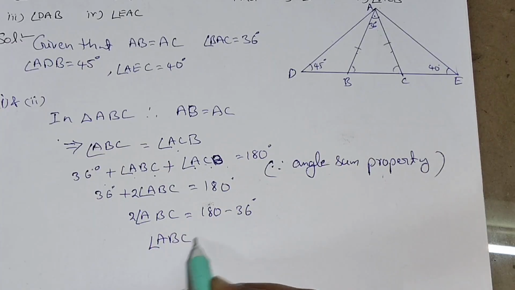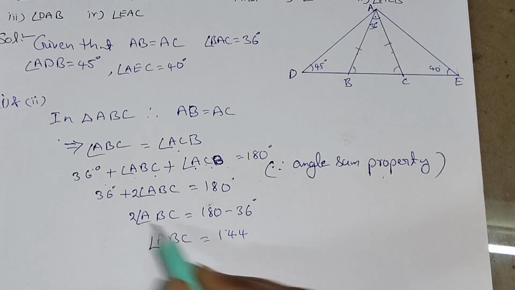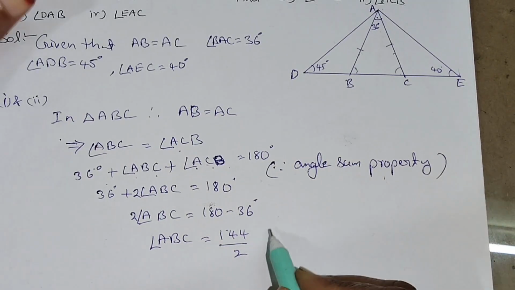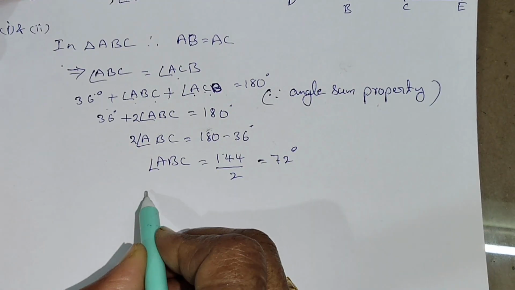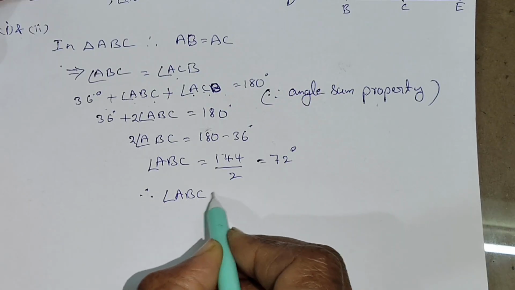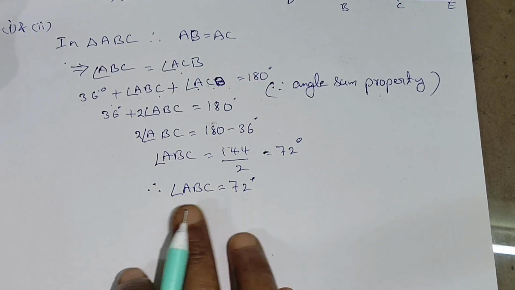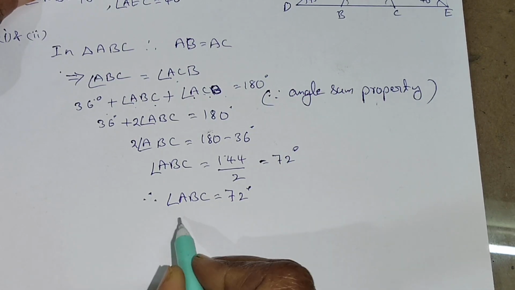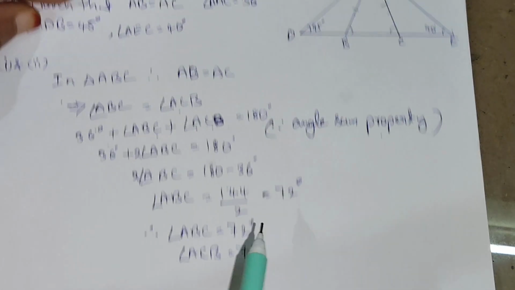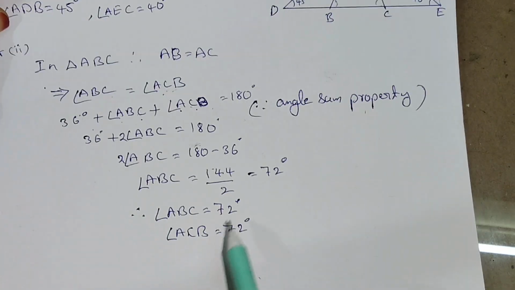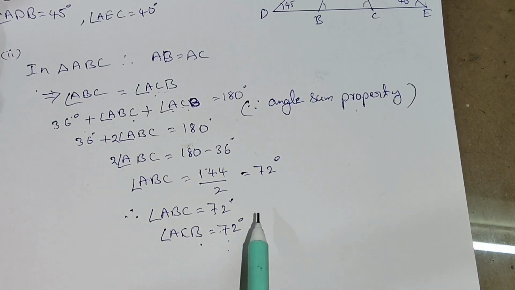Angle ABC equal to 144 by 2, that equals 72 degrees. Therefore angle ABC equal to 72 degrees. Angle ACB is also 72 degrees. These two are equal, so the first and second answers are equal.